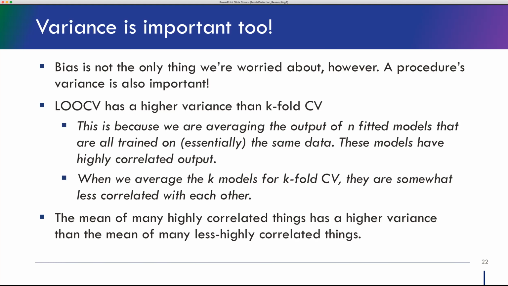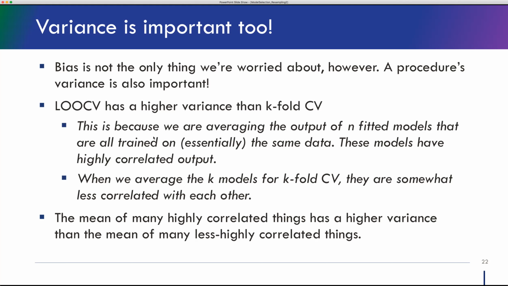Besides the bias, we also have to think about the variance of a procedure. I said there is a trade-off between bias and variance. Leave one out cross-validation has a lower bias, but it has a higher variance compared to k-fold cross-validation.